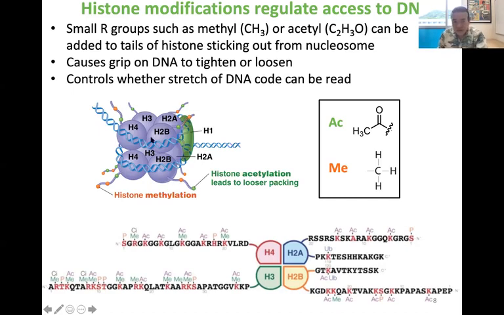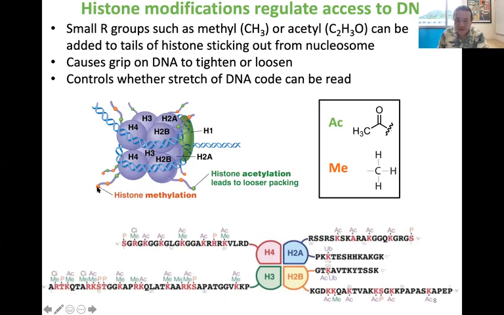So again, here are the histone proteins. Each one has its amino terminal end of the chain unraveled a little bit, sticking out from it. And certain amino acid residues on these histone tails can be modified. For example, you can add small R groups to them, such as methyl groups, CH3, or acetyl groups, just as examples.